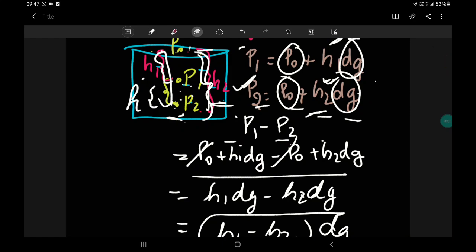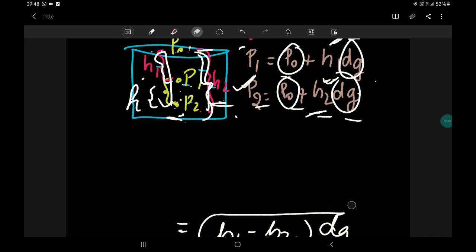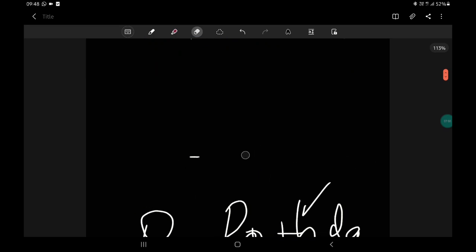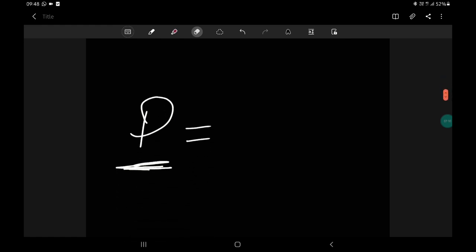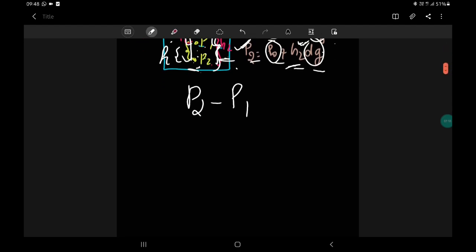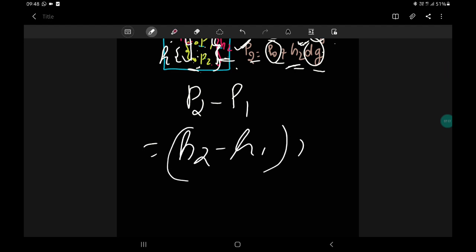Okay, from this I want you to understand that the deeper the point is, the more the pressure is. Obviously, if you go more below the water, you will start feeling more pressure on yourself. So here you should do P2 minus P1, and you will get the answer as H2 minus H1 common dg.